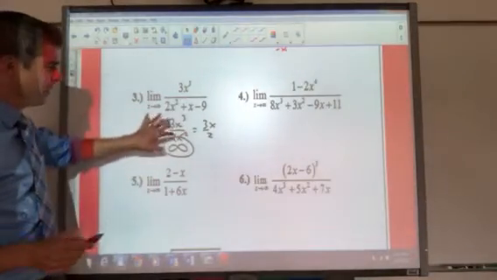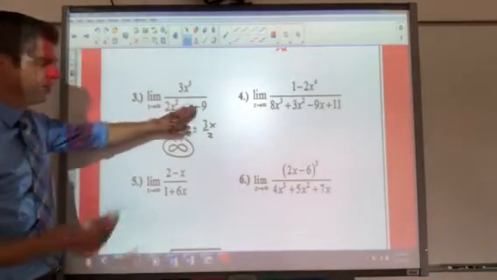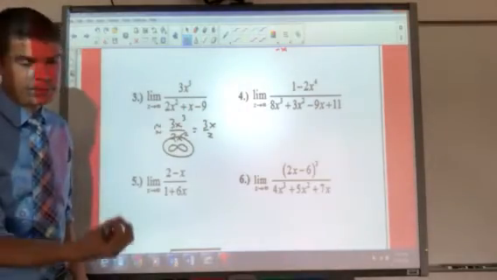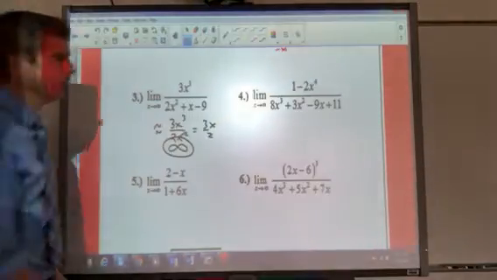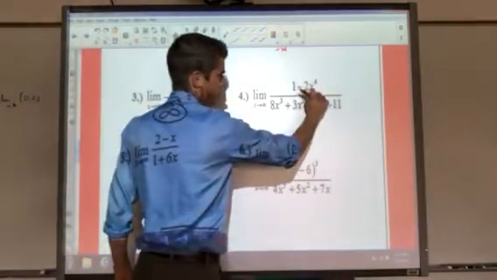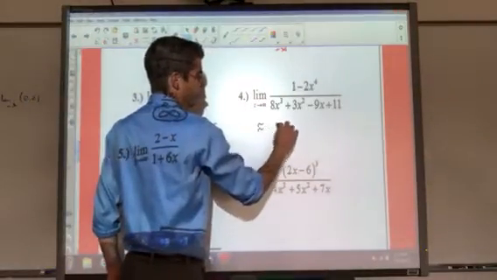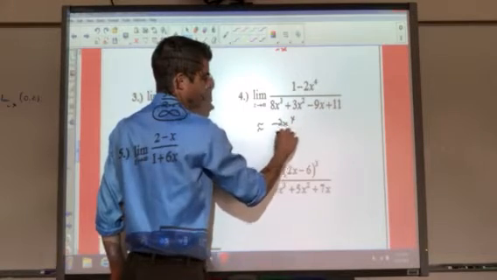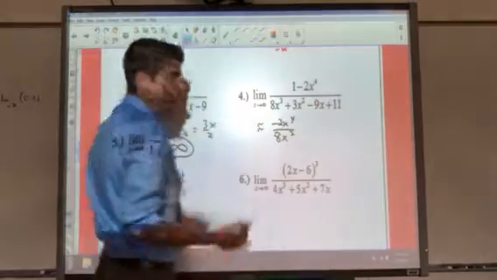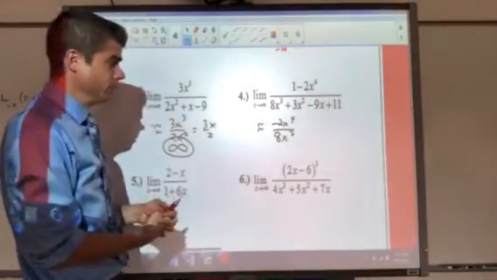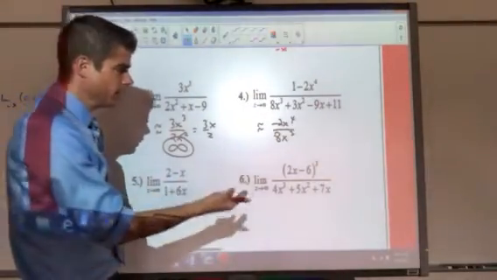And kind of thinking about it this way, where you ignore the terms that aren't the highest power, really is a smart thing to do, because those are the things that take control. In the numerator, what takes control is really this negative 2x to the 4th. In the denominator, what takes control is 8x cubed. So you identify those highest powers, and then what can you simplify?